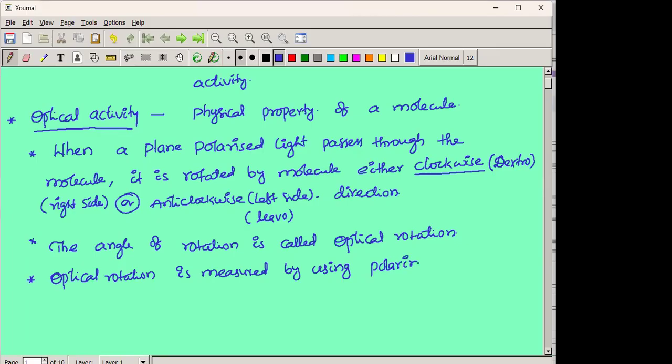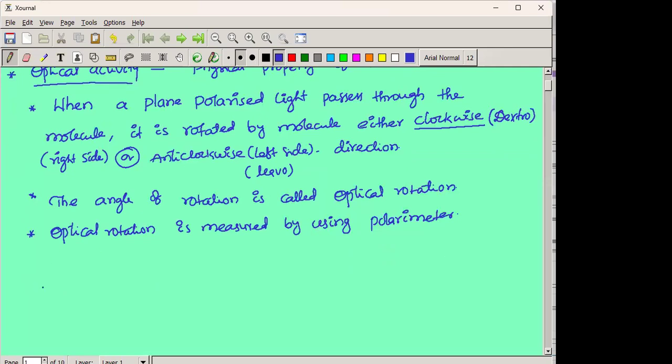In a polarimeter, which source of light do we use? The source of light in the polarimeter is a sodium vapor lamp, which gives the radiation, that is light.